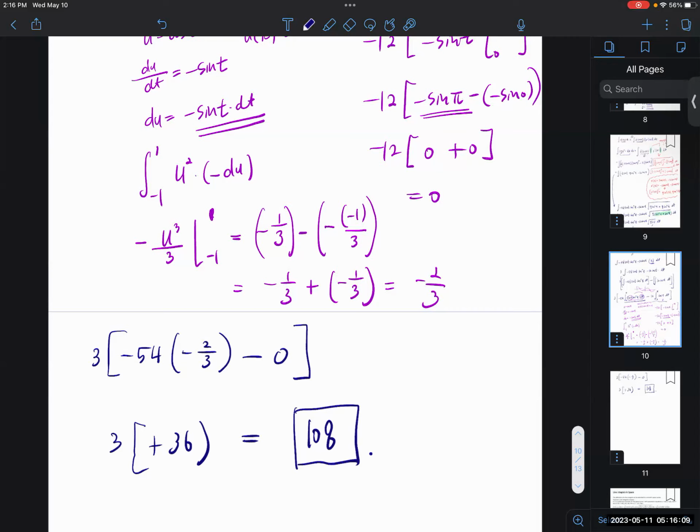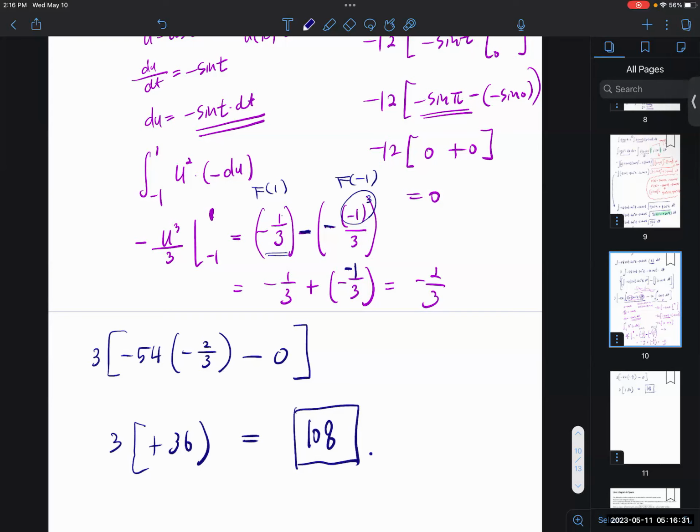So let me double check. We have f of 1, f of negative 1. So this is negative 1 to the third, so this is correct. Minus negative 1 to the third, over 3. So this is going to be negative 1. Oh, I see. I have a mistake here.